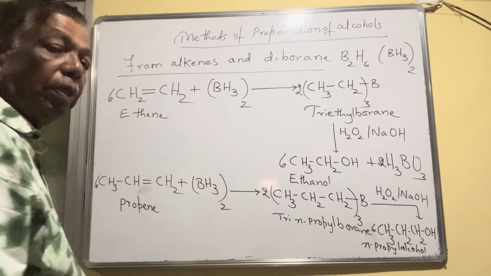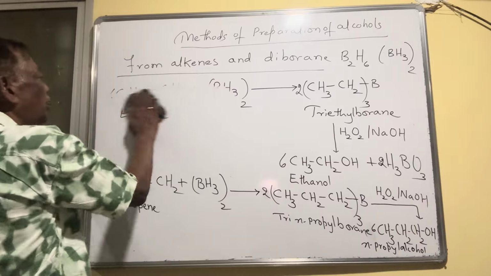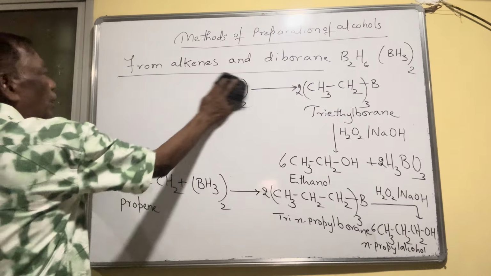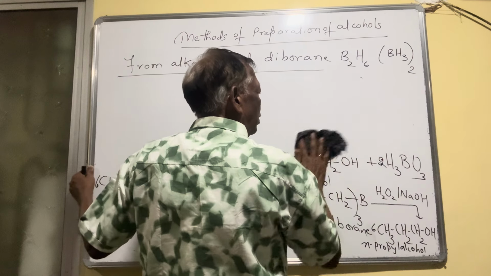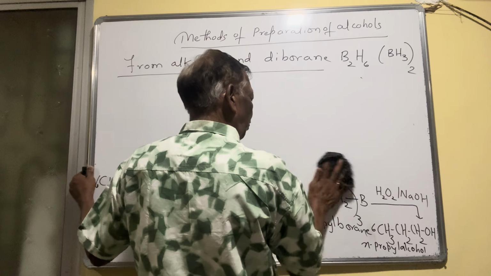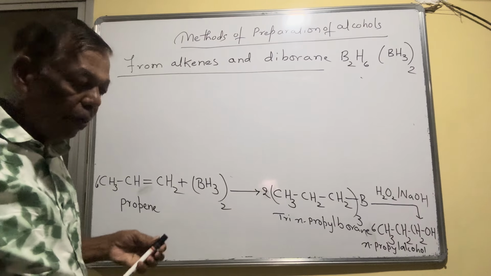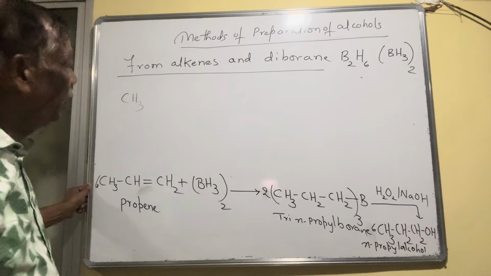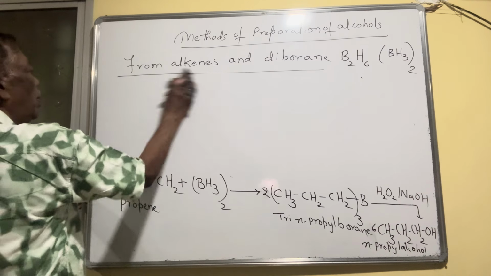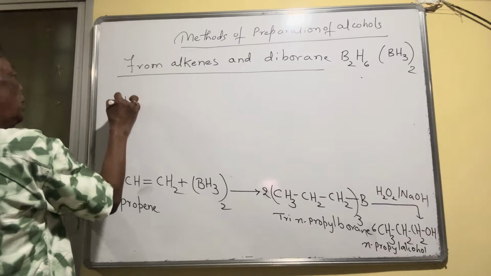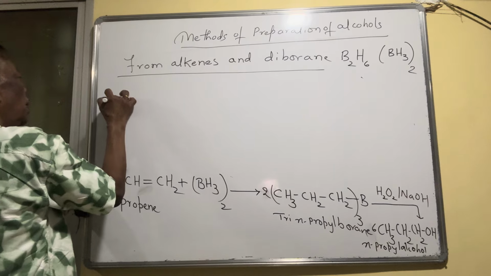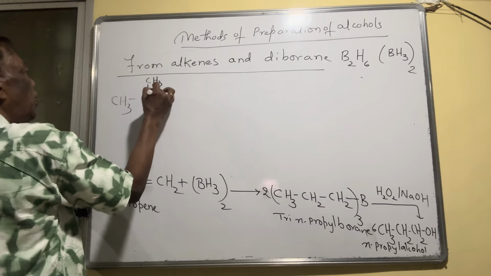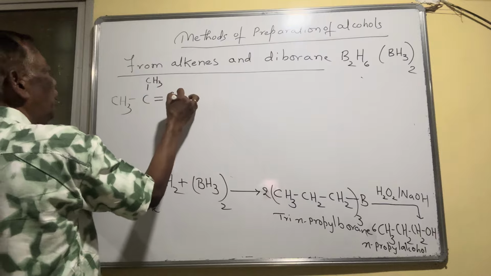Now let us take one more example. Suppose your alkene is isopropene, which is CH3 with a double bond CH2.